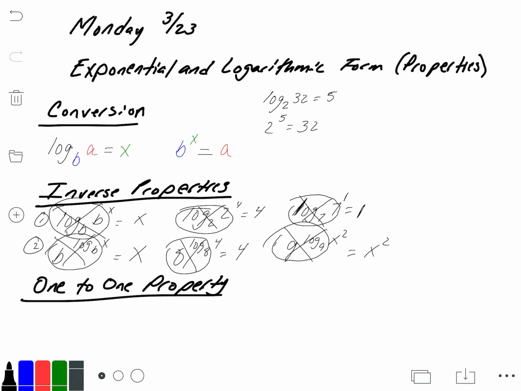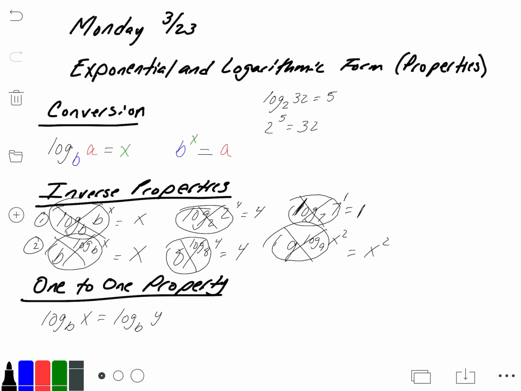The one-to-one property looks like this. If you've got log base b of x, and say that's equal to log base b of something else, let's call it y. Essentially, since these log bases are the same, they're going to cancel each other out. When we start solving equations in a few days, we're going to see how those cancel.